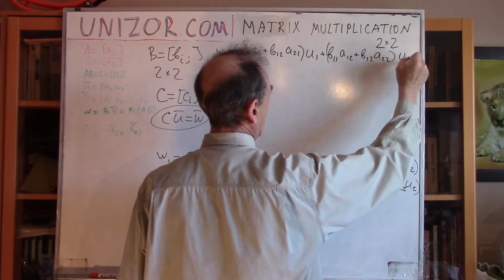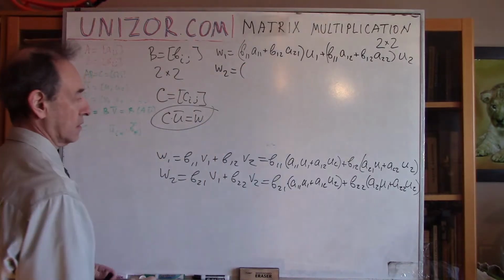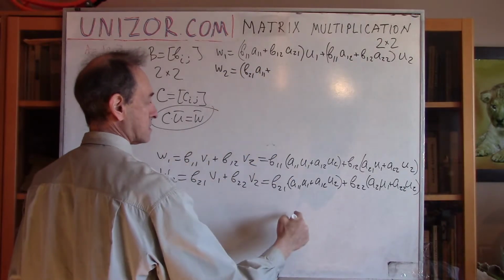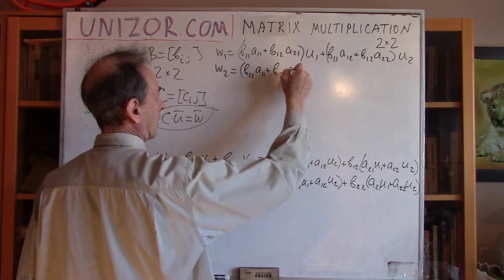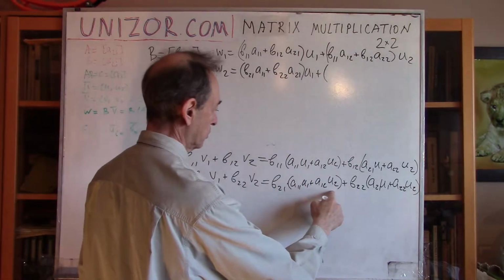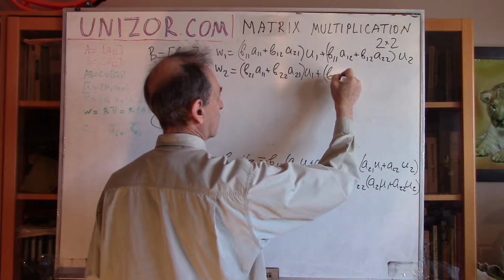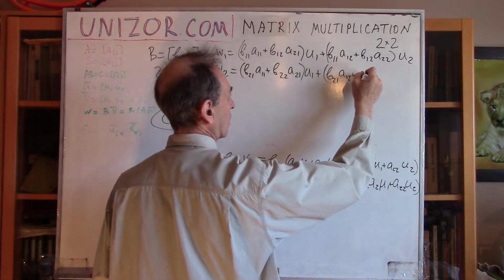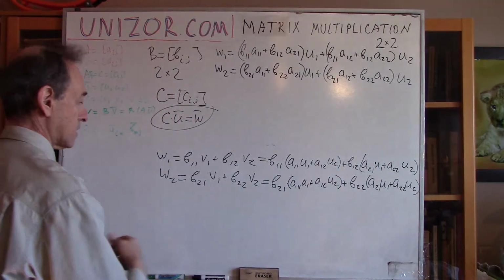Okay. W2 equals, similarly, B21 A11 plus B22 A21, times U1, plus, with U2, B21 A12 and B22 A22. Okay, that's all I need right now.